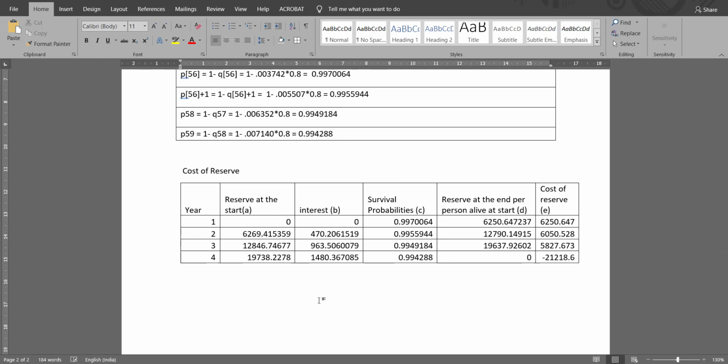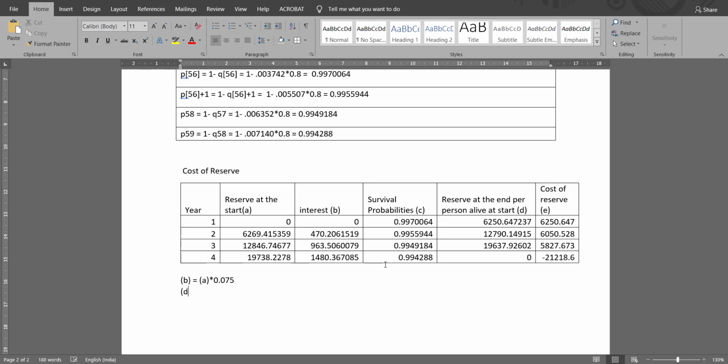So now what can you say? Your B is calculated as A times 0.075, right? Then C is natural, we have gotten it from the previous table.